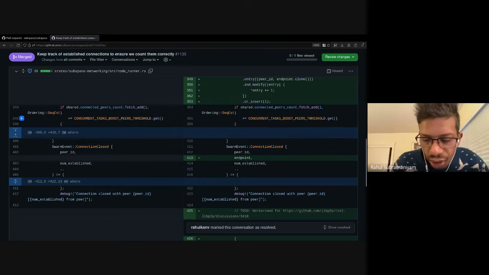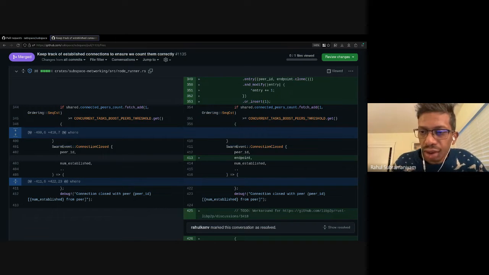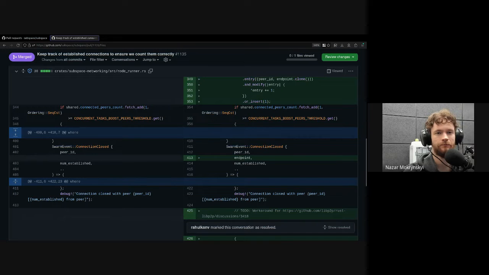So the semaphore had a very strict check and panics if some invariant is violated. In this case, we happened to be violating it, so we panicked. We are basically trying to remove semaphore entries which were not there, which doesn't make any sense logically.